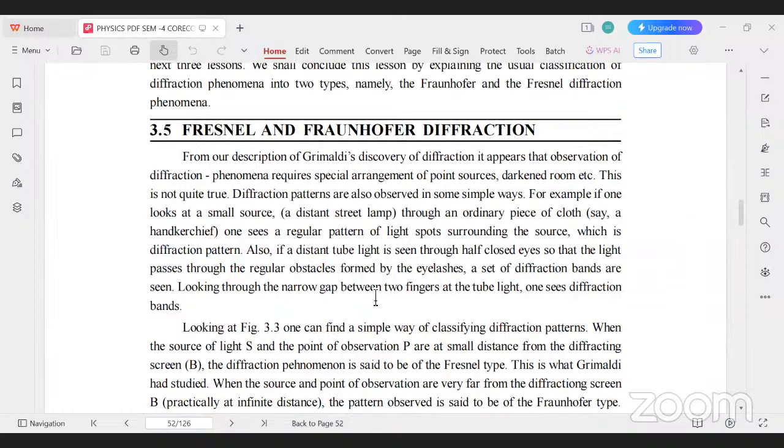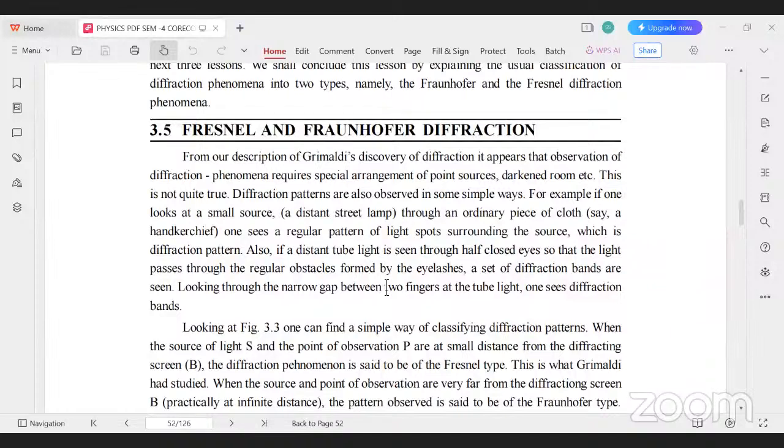If a distant tube light is seen through a half-closed eye, the light passes through the regular obstacles formed by the eyelashes, and a set of diffraction patterns is seen. Looking through the narrow gap between two fingers at the tube light, one sees diffraction bands.